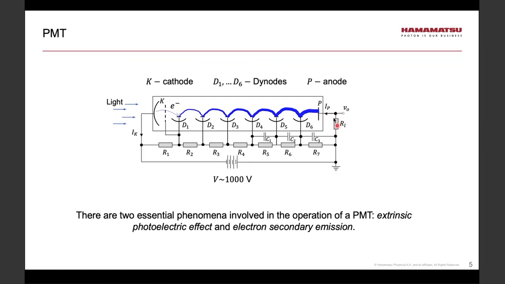And so the conventional current due to these electrons flows into the anode as shown, and it has a value of I_P. So in this description, we learned that a single electron or a single photon can result in a million or so electrons at the anode. And so PMT, we would say, has a gain, intrinsic gain. And that gain, as already stated, is very large, again, on the order of million or so.